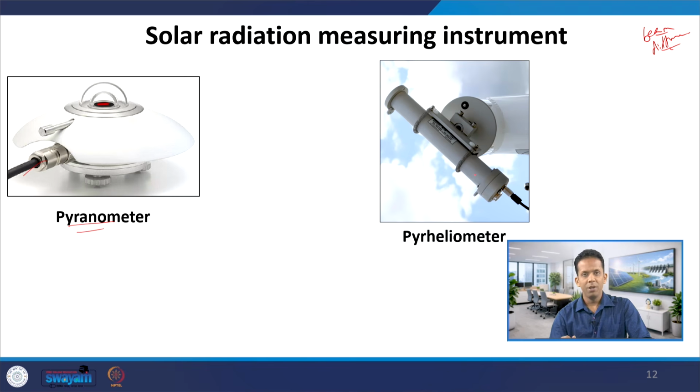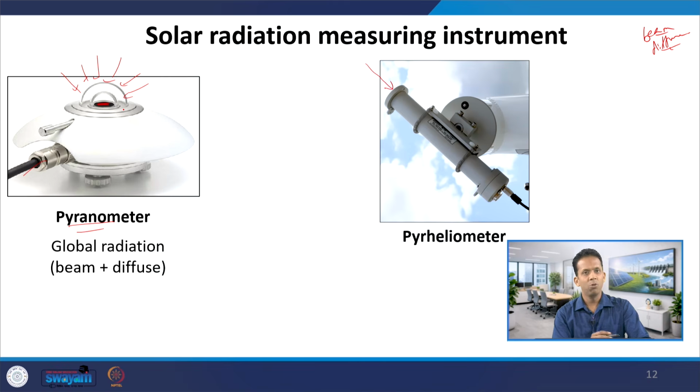The second equipment is the pyrheliometer. The way this equipment is designed, the radiation passes through a telescopic tube, so it is clear that this is used mainly for beam radiation. Since the pyranometer is a globe, it will receive radiation from all angles.